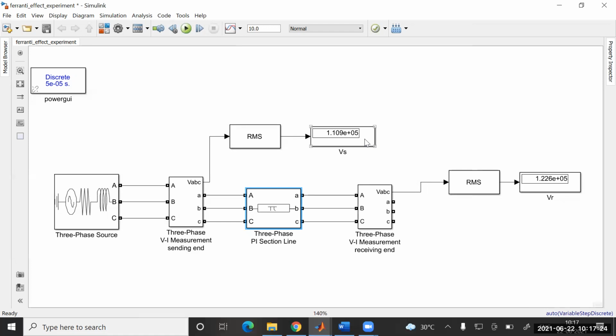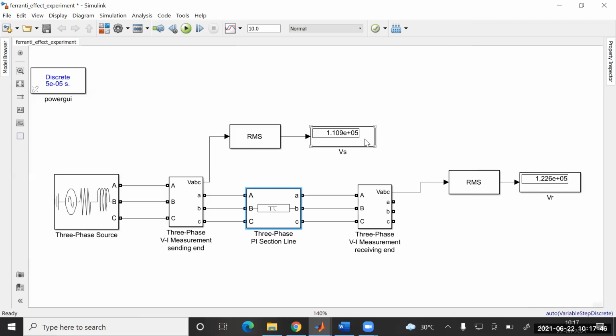We know that this happens when there is open circuited and lightly loaded conditions. So what we'll do is apply a load. We have seen what happens in this open circuited condition.